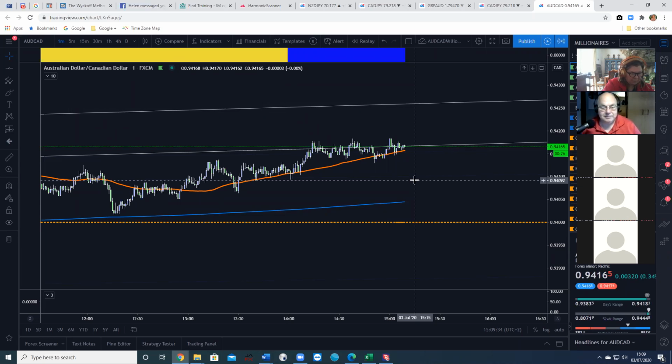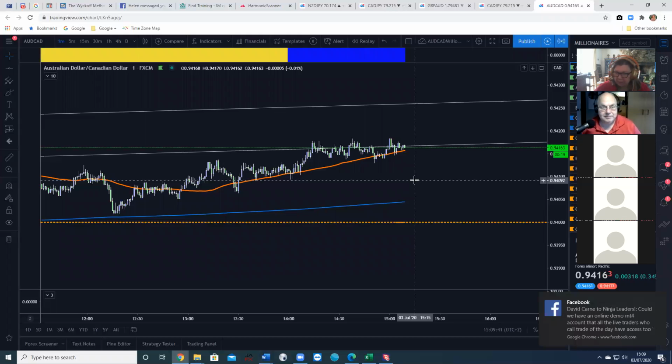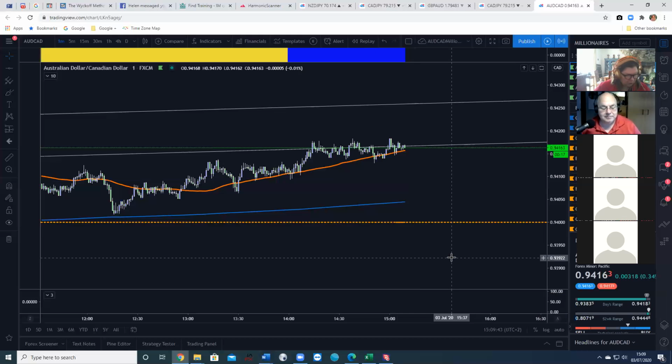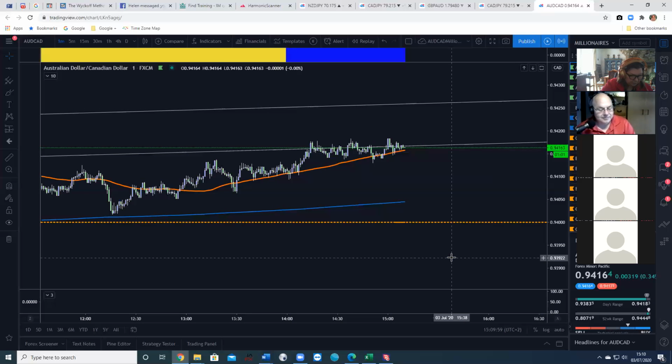EUR/USD is a 5. There's a couple here that are only at a speed of 2, which is tortuously slow, which is NZD/CAD and NZD/USD and NZD/CHF and AUD/USD. And CAD/CHF is a 1. I don't think I've ever traded that. USD/CHF is a 2.